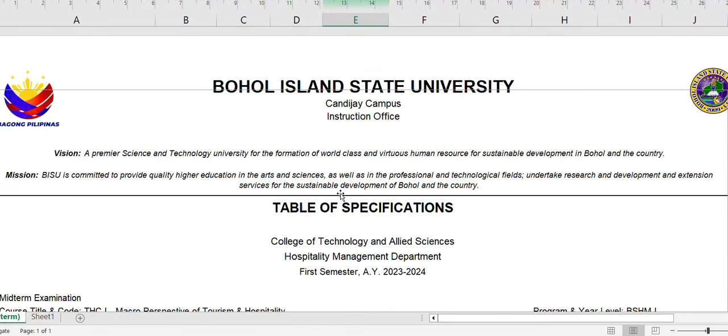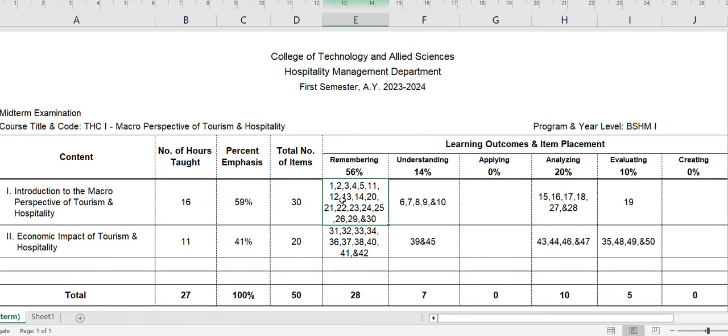But for the new format of the TOS, we need to emphasize per item. So we will put 1, 2, 3, 4, 5, not 1 dash 5. So we will put every number of the item.